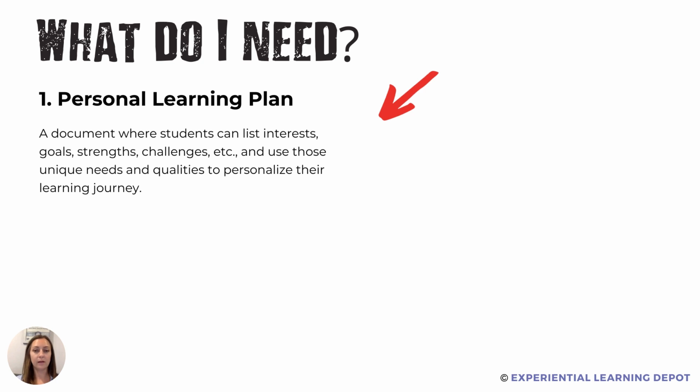As well as themselves. It's a good place for them to really figure out what they're interested in, what their goals are, what career they might want to go into, what their skills are, what their challenges are. And they use those interests and their goals to help plan these self-directed project-based learning experiences.